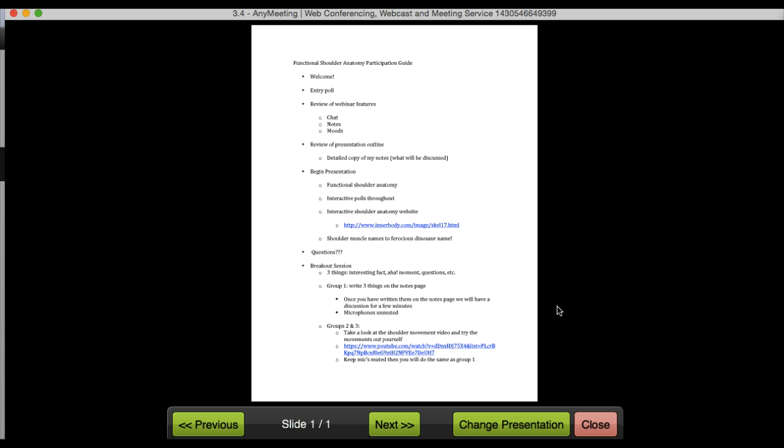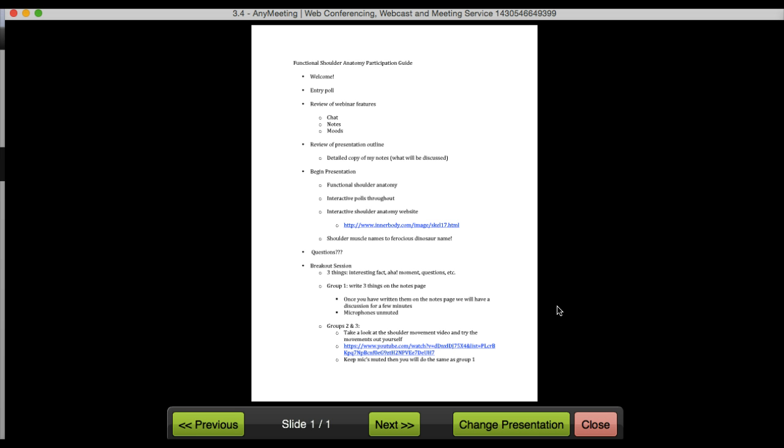The breakout session for each group will be about 5 minutes. We're just going to have a little chat and talk about any things that you found interesting, and the other groups will go to a YouTube link that I provided in a few of the different documents, and you can look at the different ranges of motion of the shoulder.